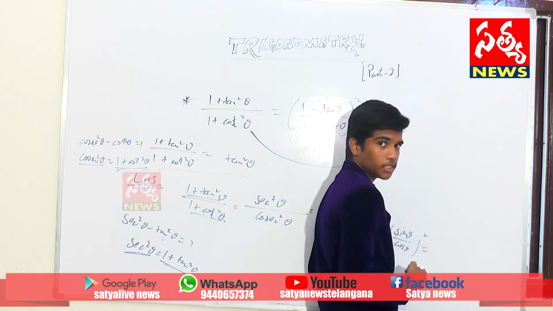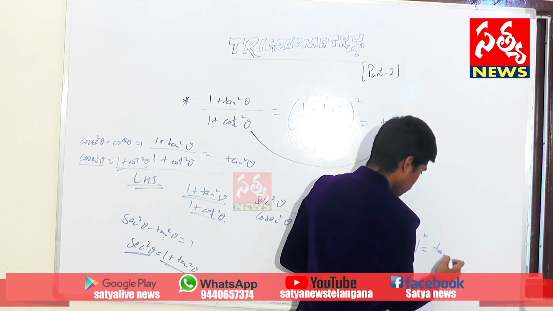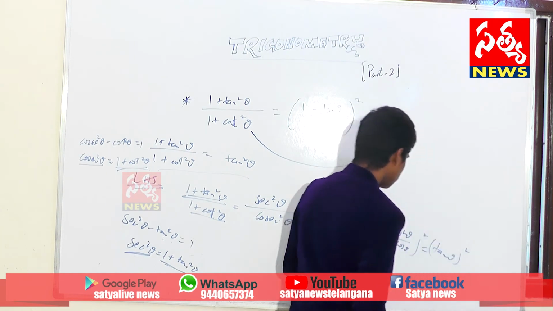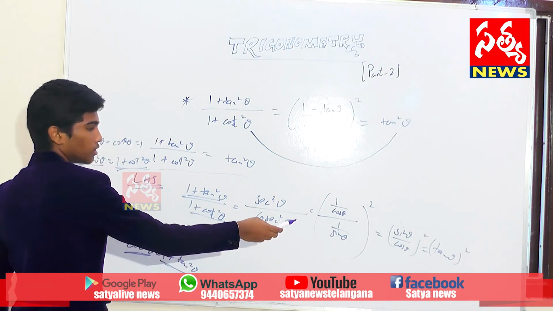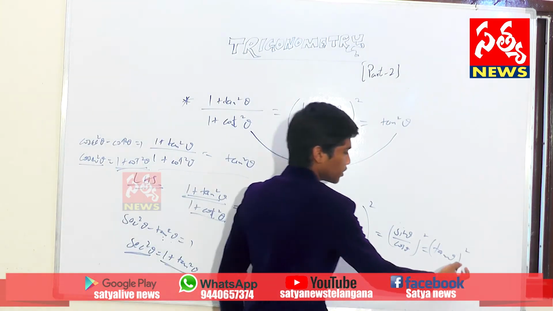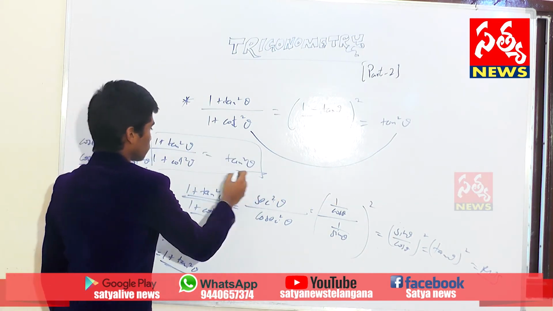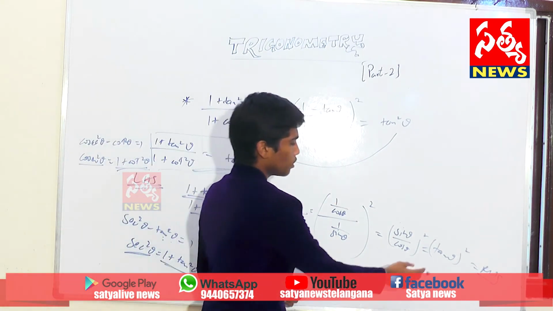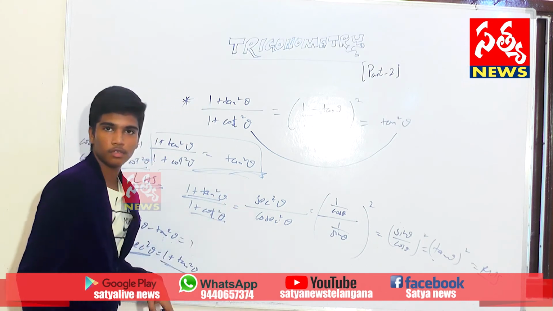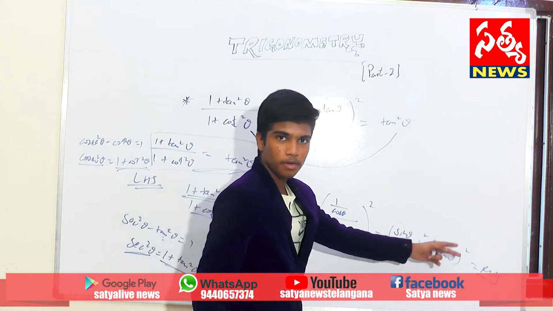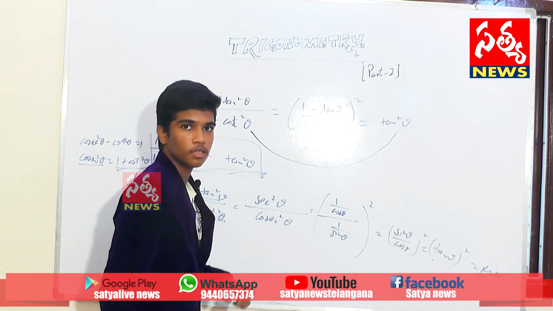Sin theta by cos theta is tan theta whole square, which is nothing but RHS. See here, we have proved the first one. Tan square theta equals tan square theta. Tan theta whole square and tan square theta are the same.